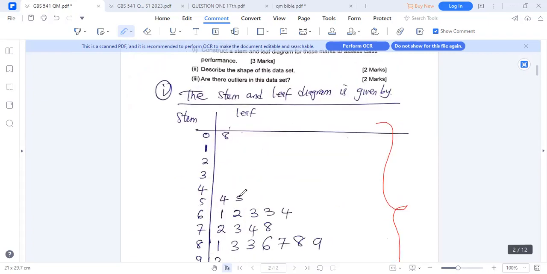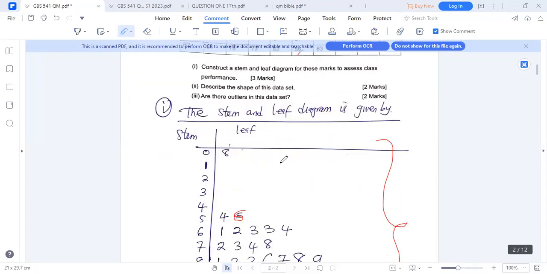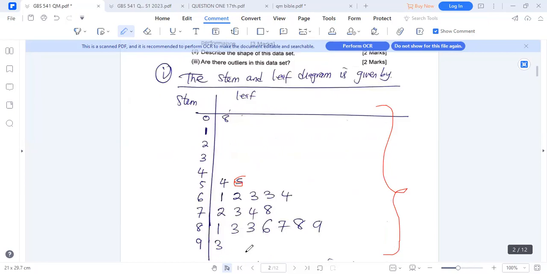So this is 56. Yeah, 54 and 56. I think that's it. Is that the observation you made? Yes. Thank you. The rest are okay. Yes, the rest are okay.